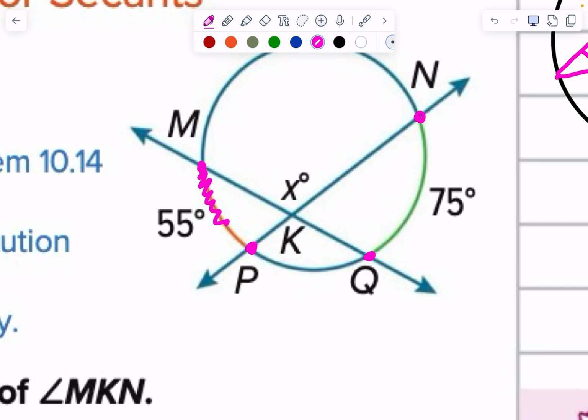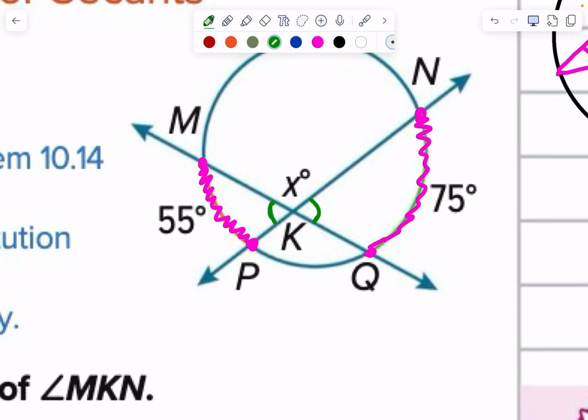This arc is 55 degrees. This arc is 75 degrees. They are different from one another, right? Like they're not the same. So what happens is, let's talk about like this angle versus this angle, those two little green angles. What do we know about the two green angles? They're vertical angles. They will be the same measure, but are they 55 or are they 75?